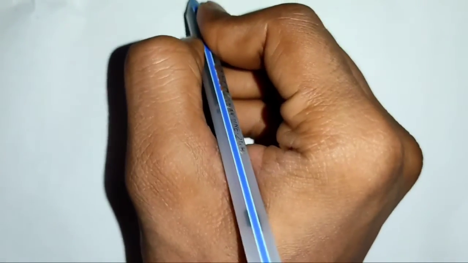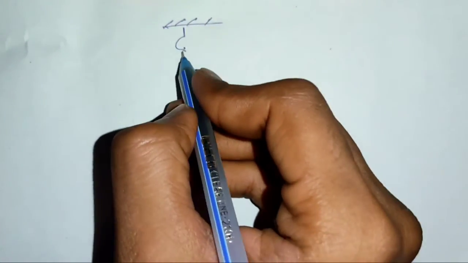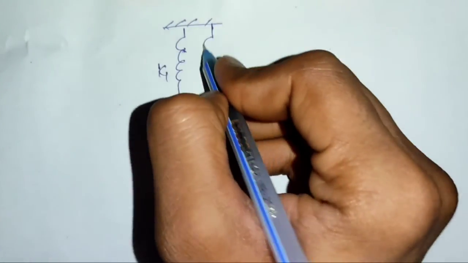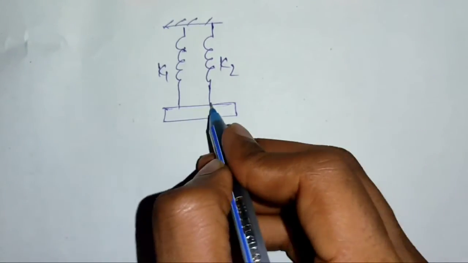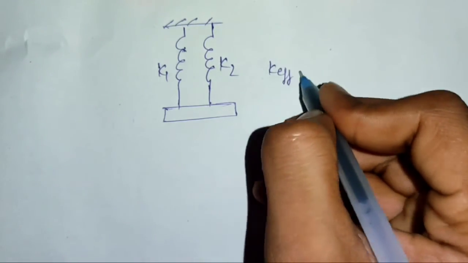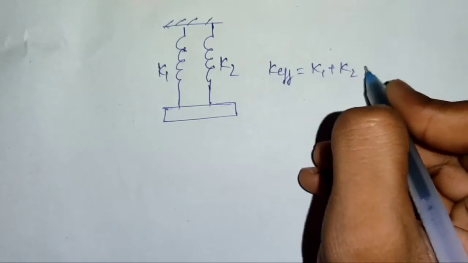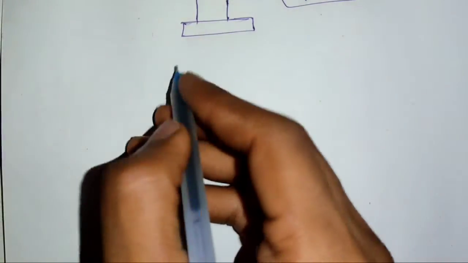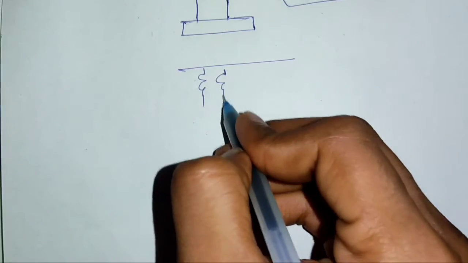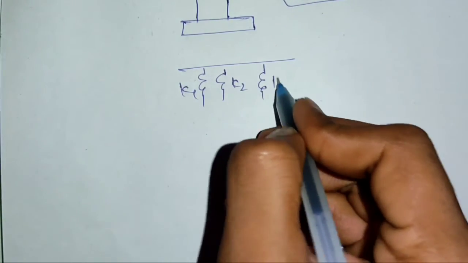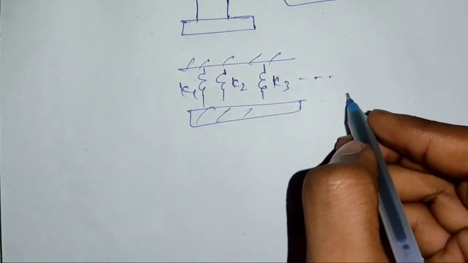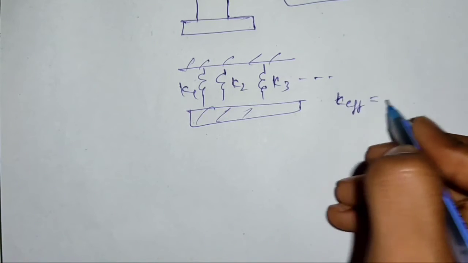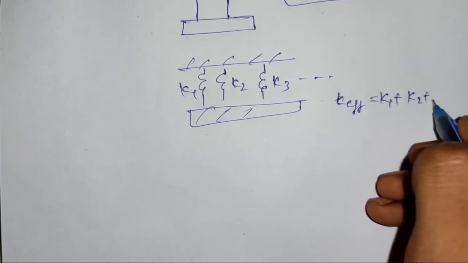If the springs are in parallel, for example here, this is k1, this is k2 attached to the same mass, their k effective is equal to k1 plus k2. Okay, if there are many springs k1, k2 and k3 and so on attached to the same mass, their k effective is equal to k1 plus k2 and so on.